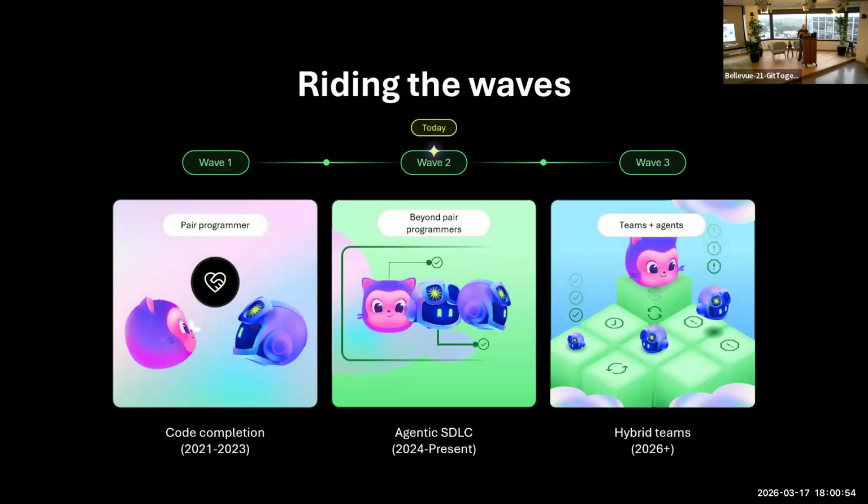Back in 2021, give or take, Copilot started out as code completion. And that was the bread and butter, the core of Copilot for the first couple of years. Now we're into this agentic wave where it's not just having Copilot as chat in VS Code or JetBrains or whatever, but being able to actually assign tasks to an agent, have that agent do the work in the background, and let you know when it's time to review the pull request.